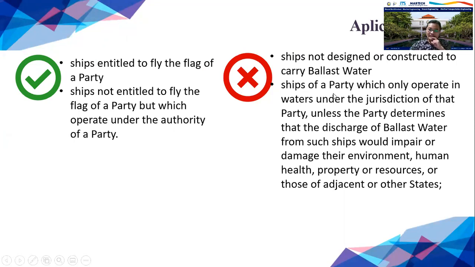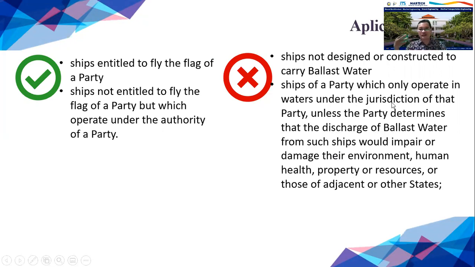Or the second one, a ship of a party which only operates in waters under the jurisdiction of that party, unless the party determines that the discharge of ballast water from such a ship will impair or damage their environment. So this one is not necessary to implement.